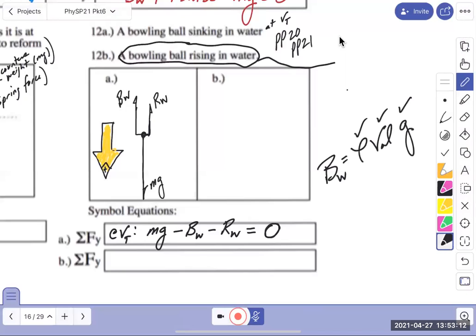The volume of the bowling ball is not going to change. It's already submerged. So the only thing that's changing, by the way, is the density of water. It's not the density of the ball, it's the density of the displaced water. So it's hard to say it's constant, even back in A, it's hard to say it's constant velocity, because buoyancy is always going up, but then RW goes down.